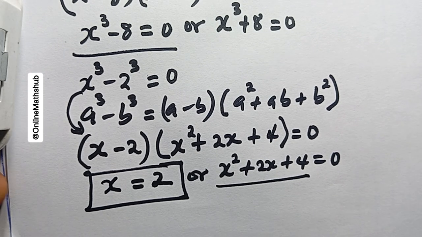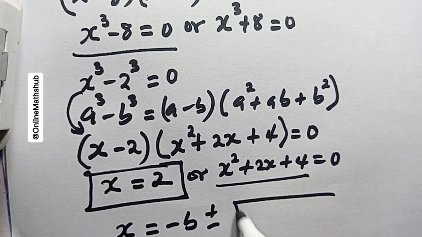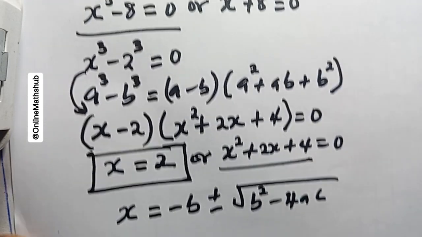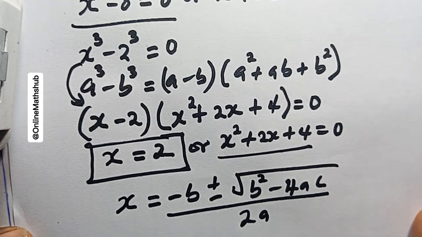To make it easier, I'm going to be using the general formula method to solve. So x will be equal to minus b plus or minus the square root of b squared minus 4ac, and then of course divided by 2a.